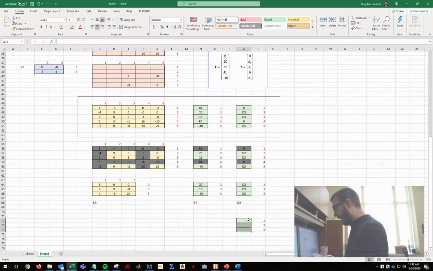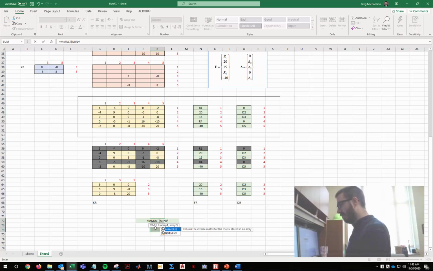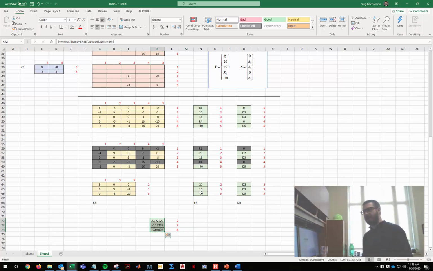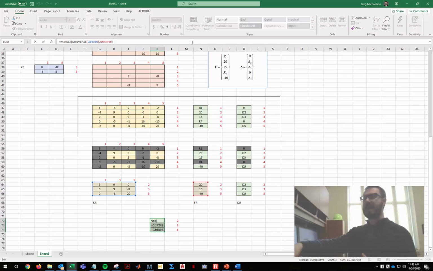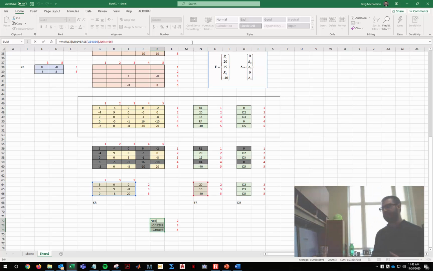We highlight the region, equals MMULT, inverse of that, close it, comma, that, close it, Control, Shift, Enter. Okay, and I'll hover here over the formula bar up top, but I'm just inverting the K matrix, multiplying it by the force vector, and then Control, Shift, Enter, there you go.